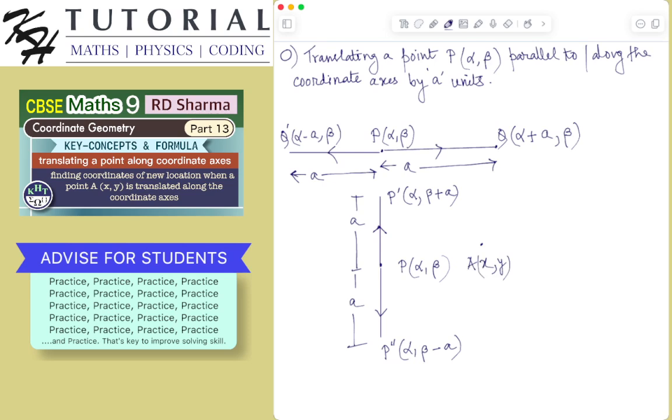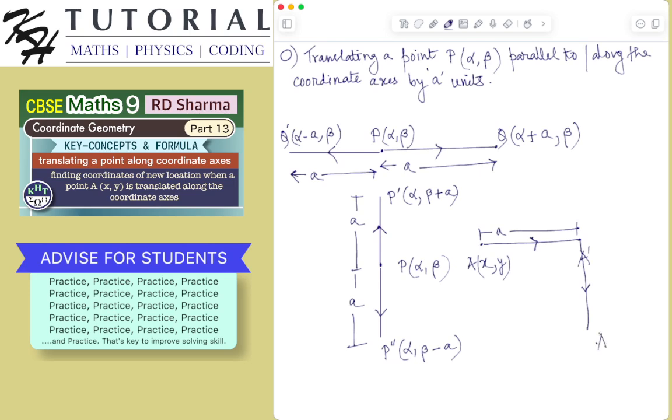So first it has been translated to the right by a distance of, let's say, a units, and then let's say the new location is denoted by the point A dash, and then it is again translated by b units along the y-axis below, that is along the negative direction of the y-axis.